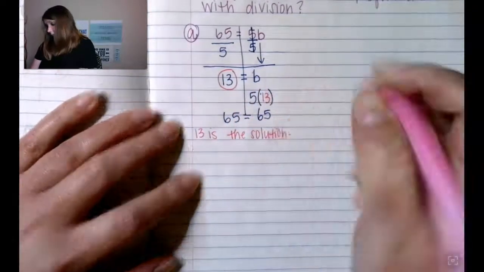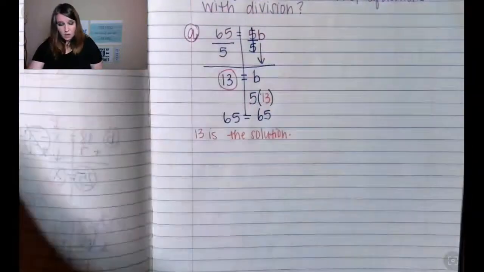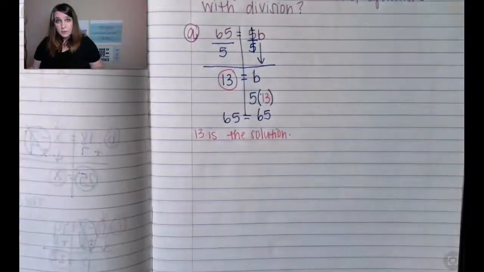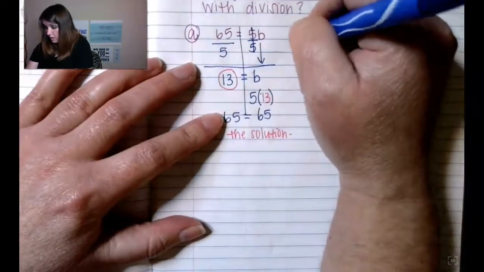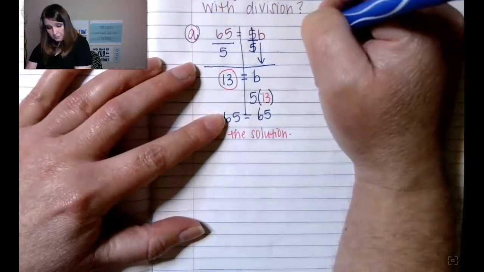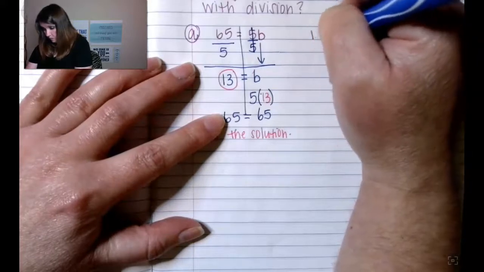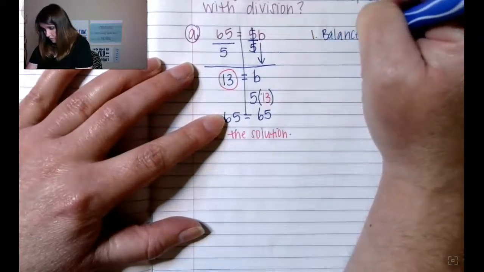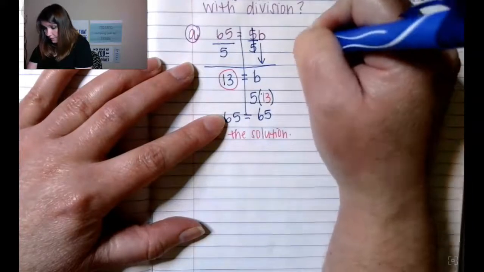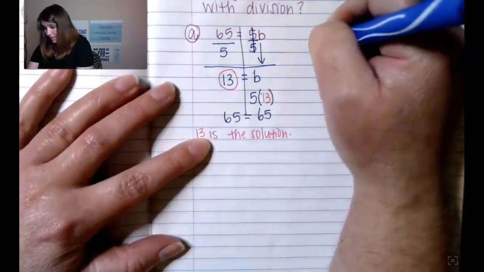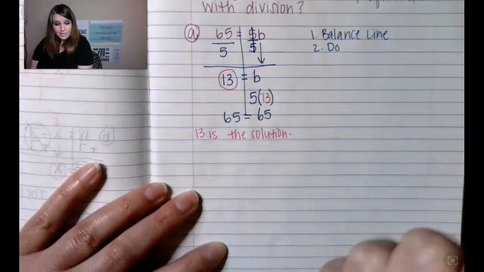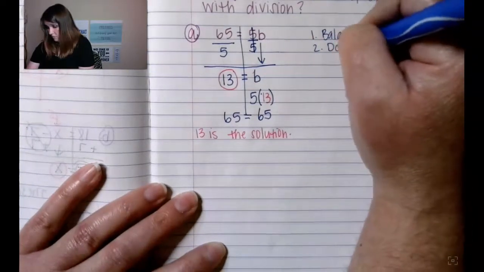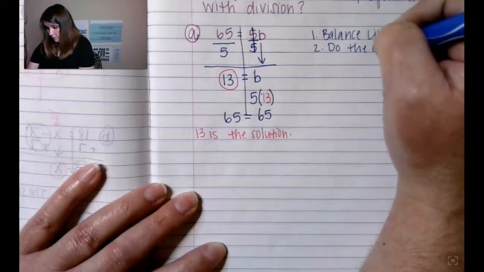All right, so let's talk about how we solve one-step equations with a balance line, or with division. One, we used a balance line. Step 2, we did the opposite operation.